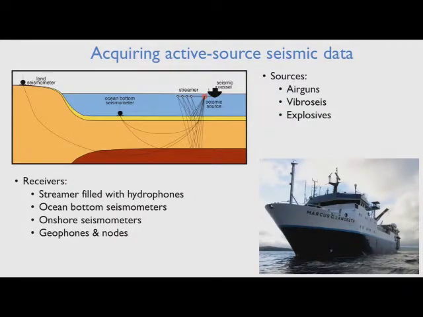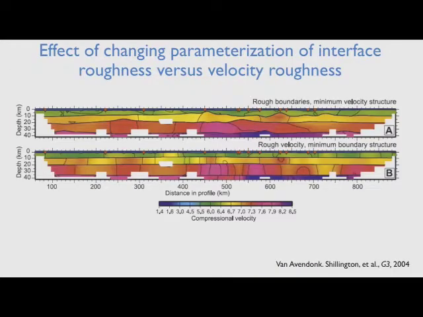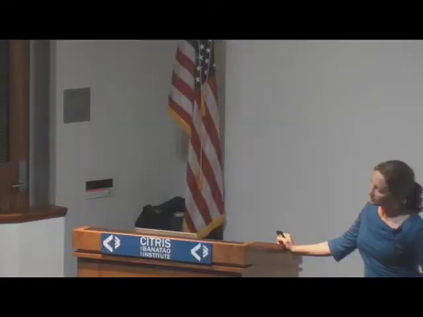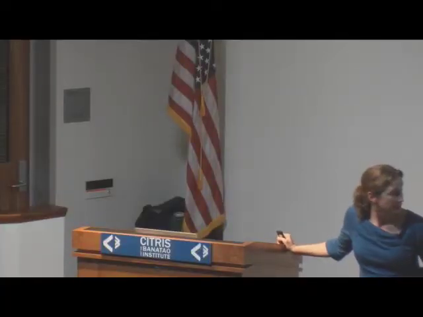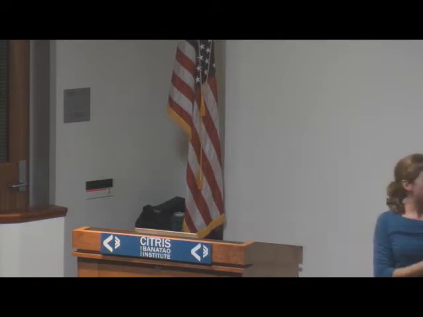Oh, okay. Sorry, can you go back to that slide? So I'm assuming in terms of inversion, it depends on the size of your box that you choose as well. So that's why I'm guessing those white boxes are where there's no ray coverage, or? The boxes are in fact smaller than that.